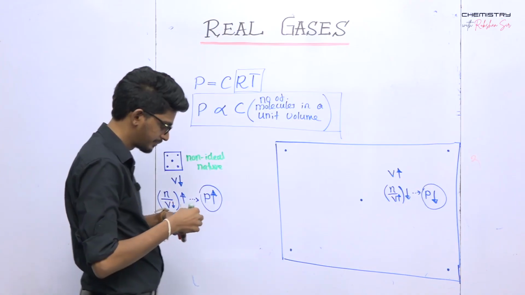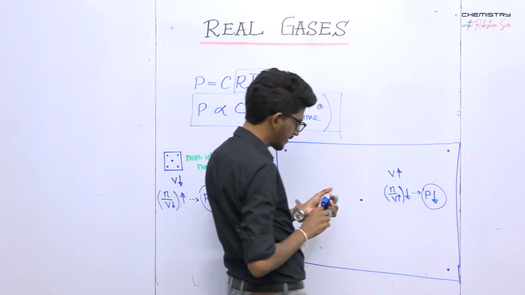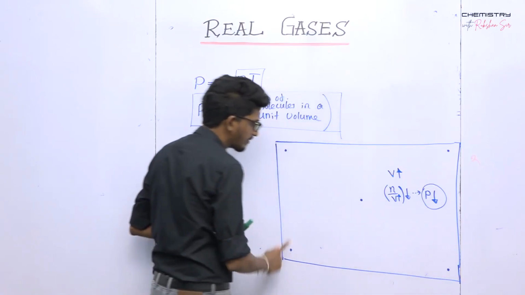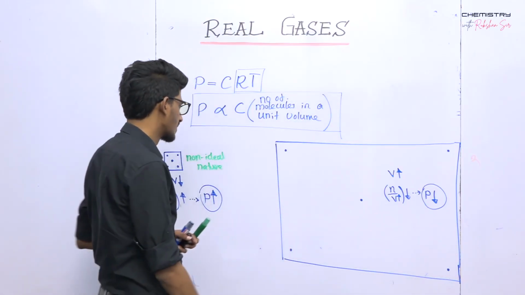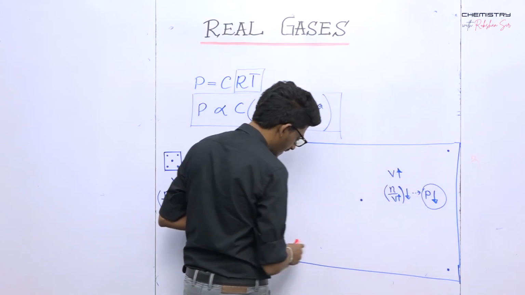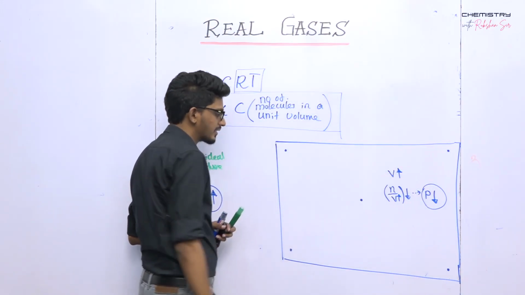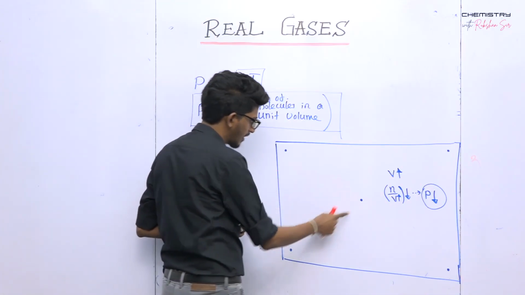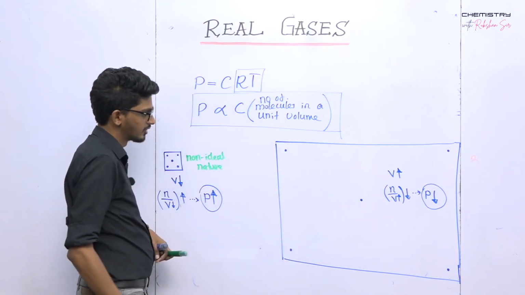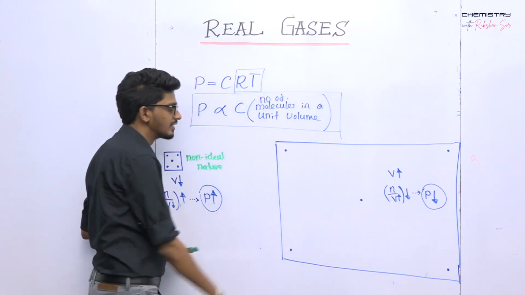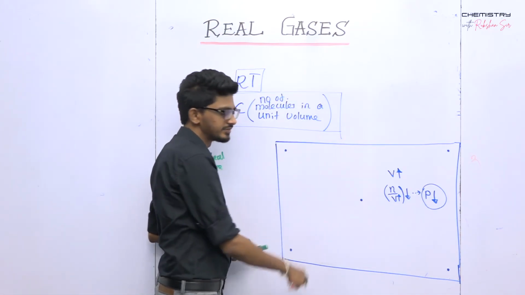But when it comes to this one, compared to the volume of the vessel, a very large volume is there. The space taken by these gas molecules is negligible. The same 5 gas molecules as here: if you put all of them in this corner, that space is negligible compared to the space of the vessel.